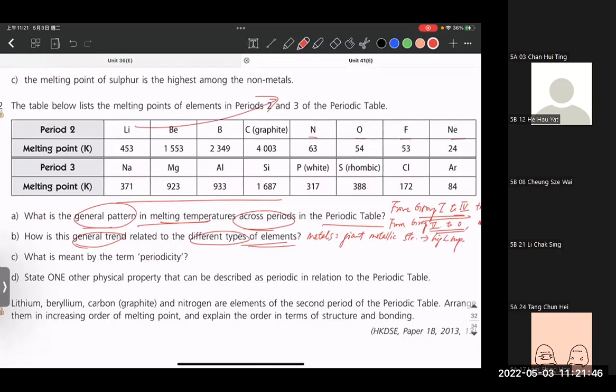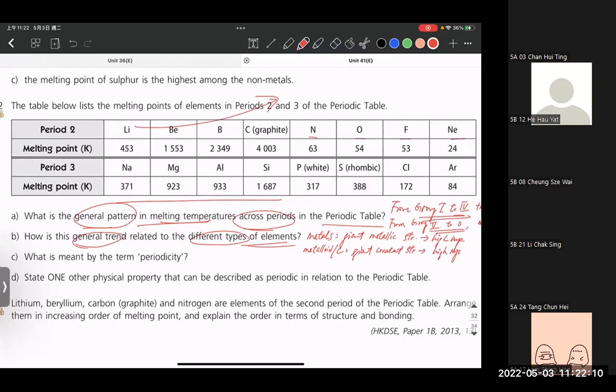How about the others? Metalloids and carbon have a giant covalent structure, so high melting point.